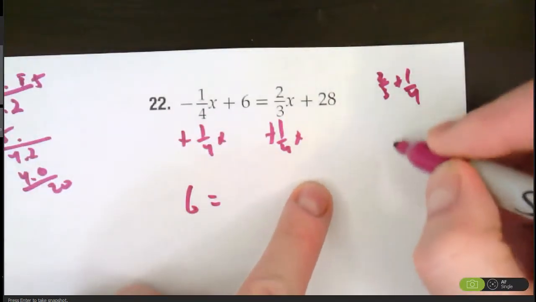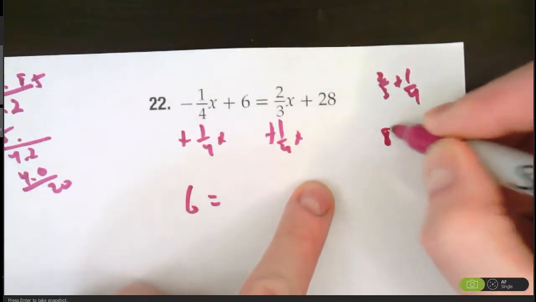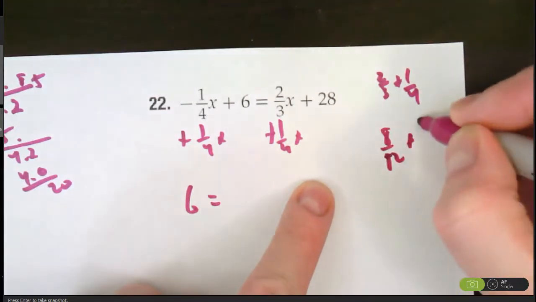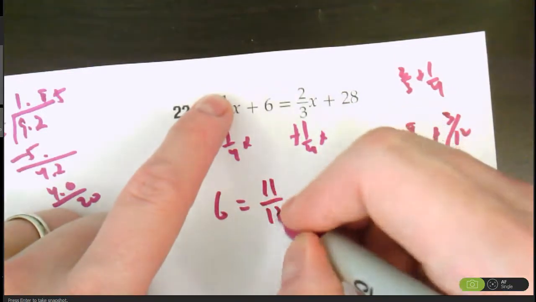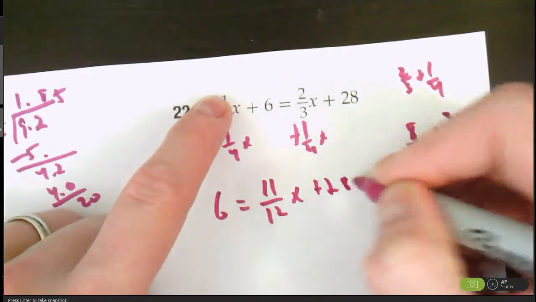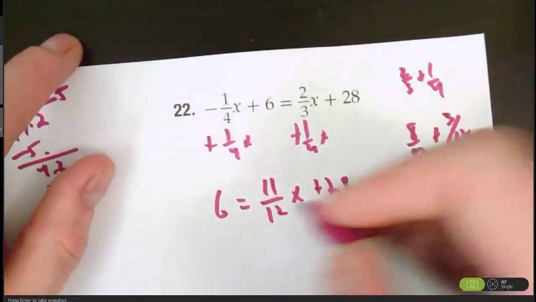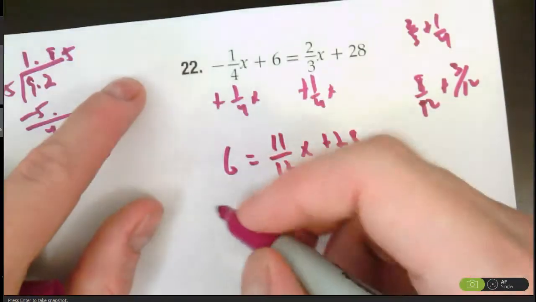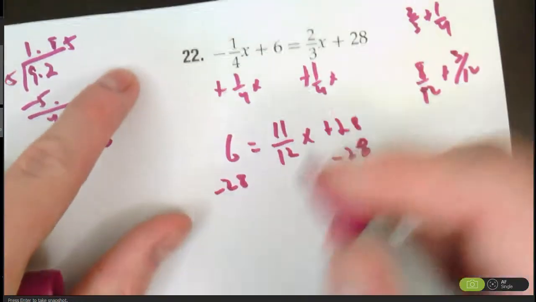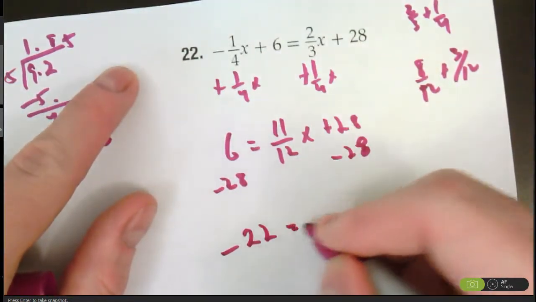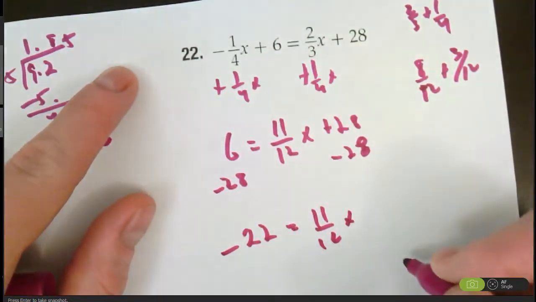The common denominator there is 12ths, so I'll multiply it by 4. So 8 twelfths plus 3 twelfths gives me 11 twelfths plus 28. Subtract 28 now, because once I've gotten the variables together, I need to get the numbers to the opposite side. So it gives me negative 22 equals 11 twelfths x.